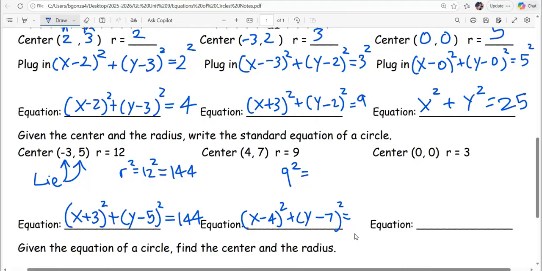What is 9 squared? 81. Okay, last one. When it's zeros, like the one above it, do we write minus 0? No, we just put x squared and y squared, right? And then what is 3 squared? 3 times 3 is 9. It's too easy. Write that down.